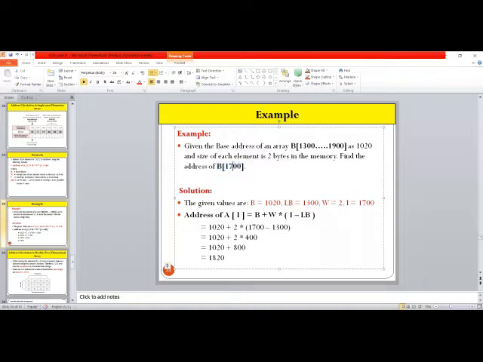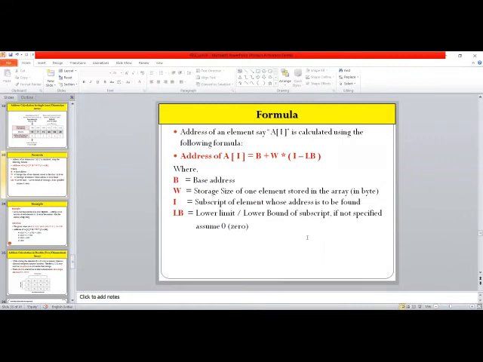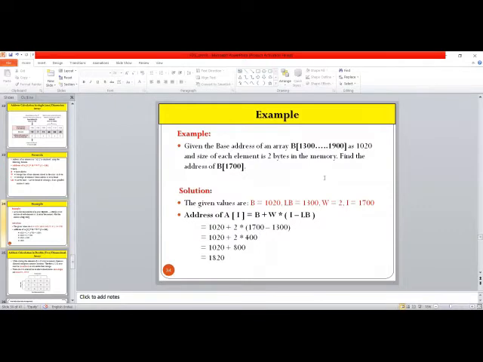So here the subscript I is what? It is 1700. LB, what is this LB? It is the starting address of our array, the lower bound, right? Now lower bound is what here? 1300.